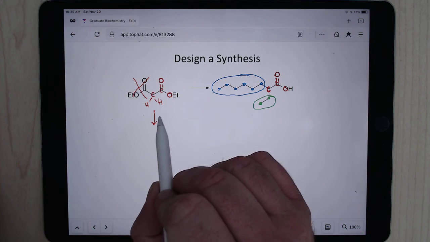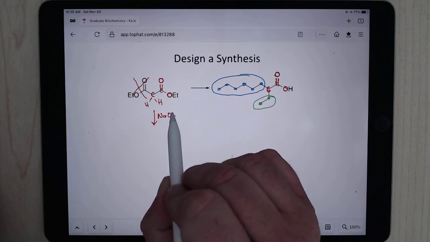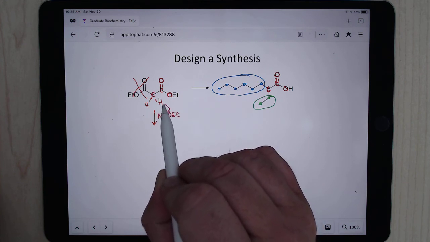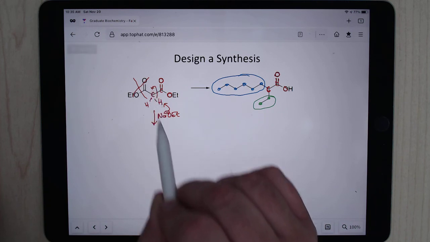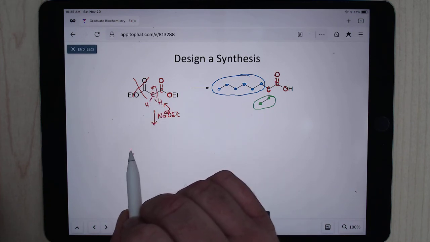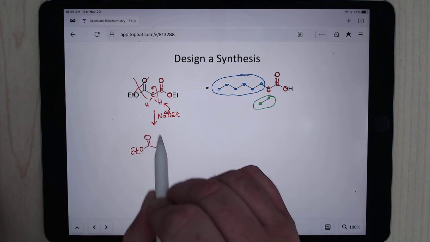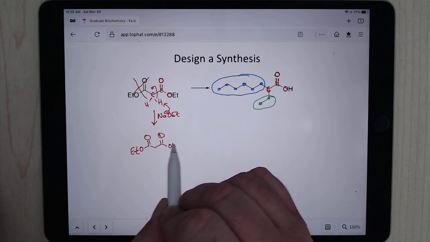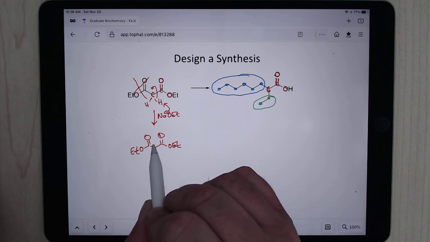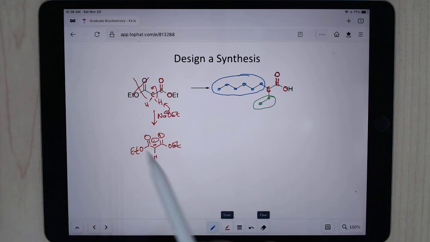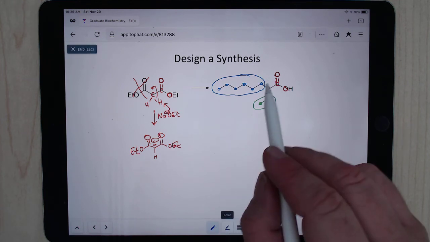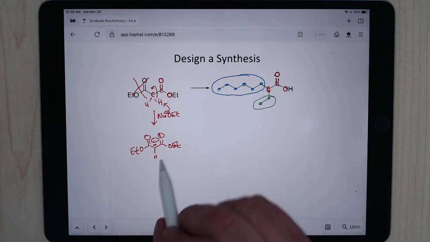So we're going to add sodium methoxide. It's going to attach here. And again, you don't have to show the mechanism, but sometimes it's easier to see. And then usually put on the larger one first. So let's put on this 1, 2, 3, 4, 5, 6 carbon piece.